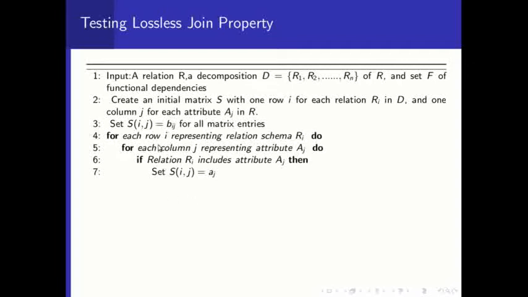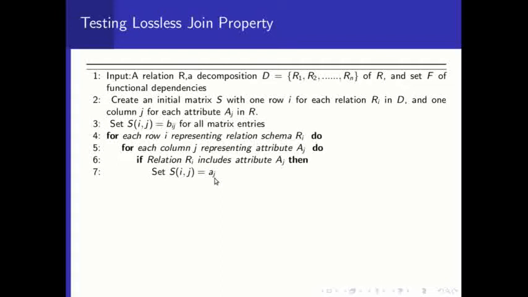Now replace some of the b symbols with a symbols. For each row representing a relation schema, look at the attributes in that relation, and at the corresponding attribute positions you replace the b symbols with a symbols.